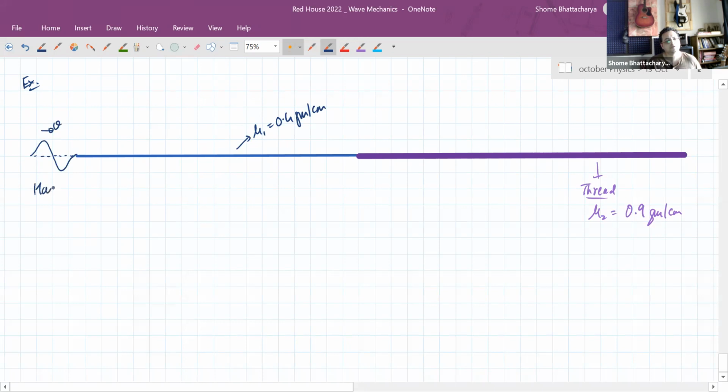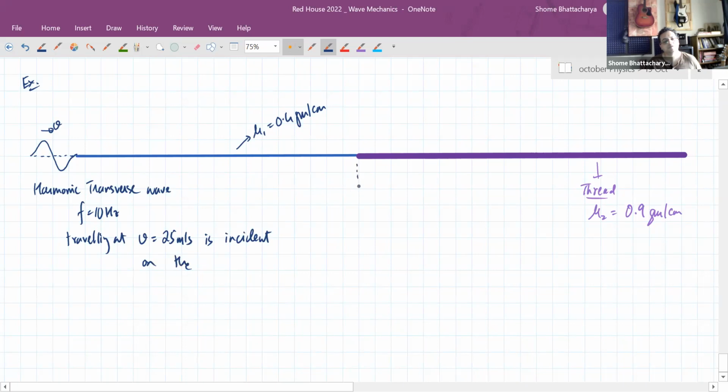So a harmonic transverse wave of frequency 10 hertz traveling at a speed of, let's say, 25 meters per second is incident on the junction coming in from the side of string 1 as shown.